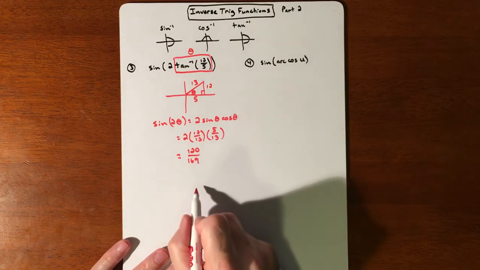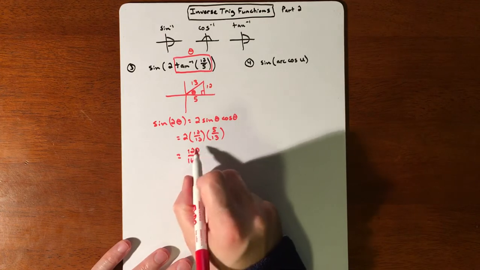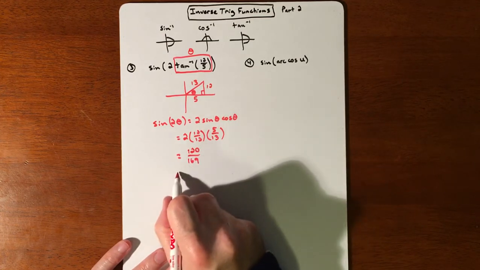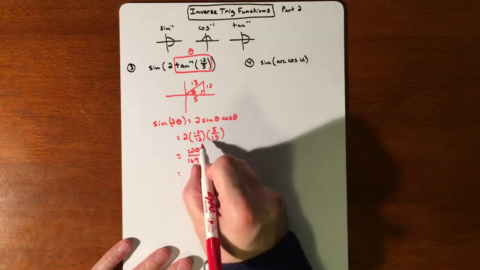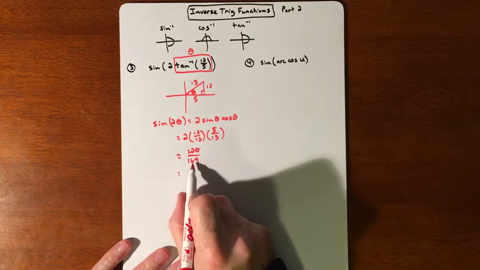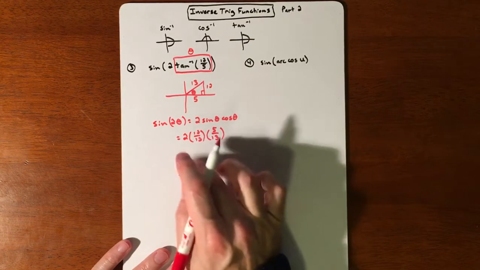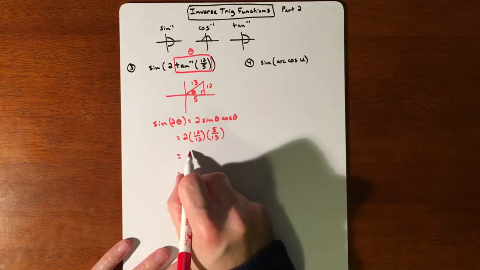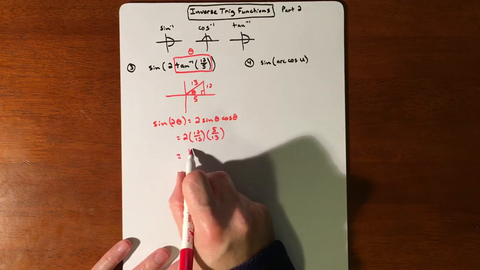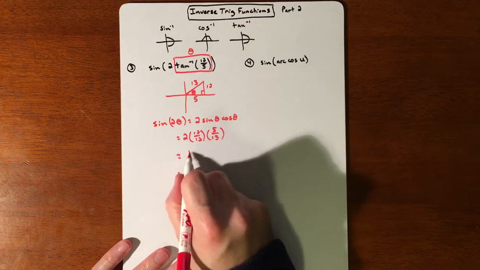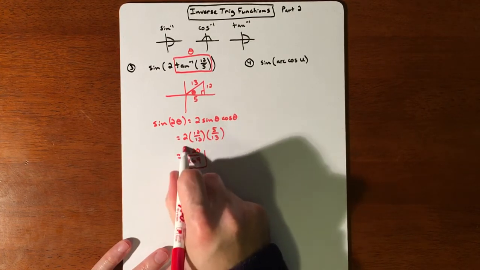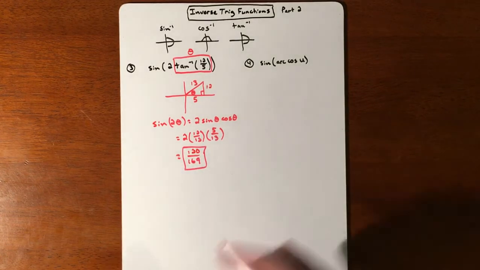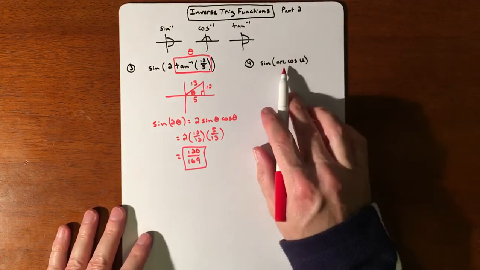We'll try and simplify that down. 120, we can take a 3 out of both of those. Never mind, 169 only consists of 13 and 13, so we're not going to be able to break it down. So that gives us back our 120 over 169. We can't simplify.